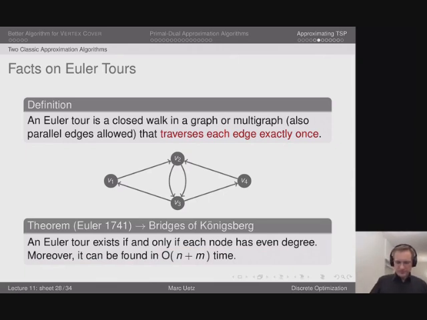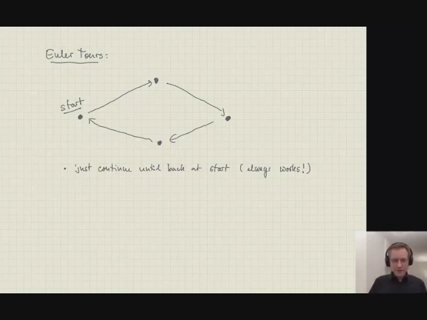So how do I compute Euler tours, and why do I have this theorem here? Well, let's have a look. What I can do is I can start at an arbitrary start vertex, and I just walk along the graph in arbitrary directions, it doesn't matter, until at some point I come back to the start vertex. And I claim that this is always possible. Why is that?